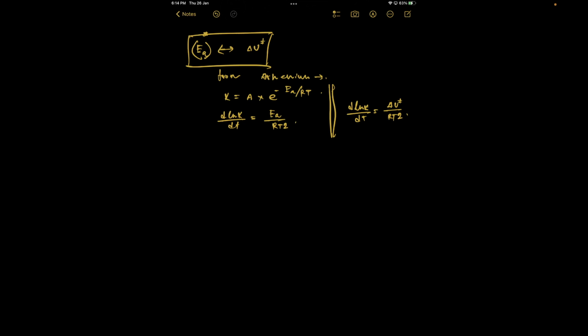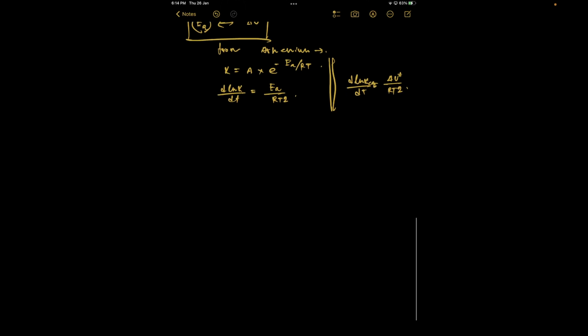So here it is K equilibrium, so let me just fix it first. k equals kBT divided by h times K equilibrium, so ln k equals ln kBT divided by h plus ln K equilibrium.